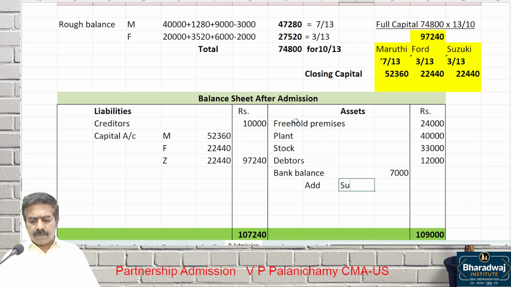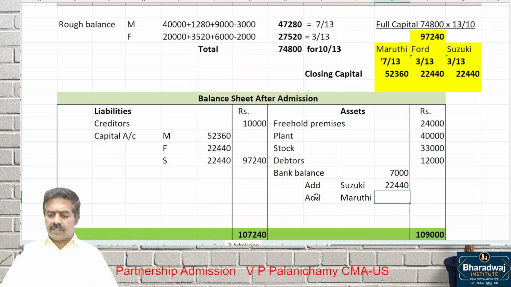Suzuki brings 22,440. Add which partner brings? Maruti brings how much? 5080. Capital order balance. Less Ford is repaid. How much is repaid? 5080.